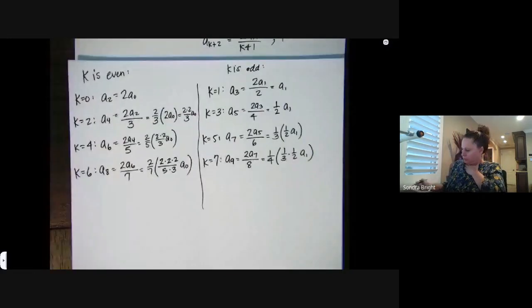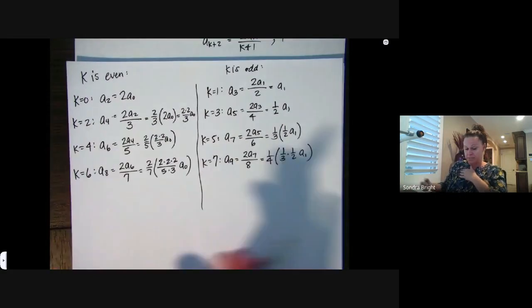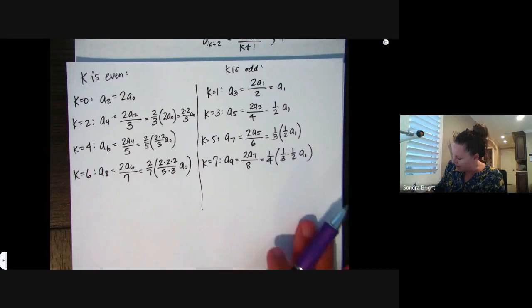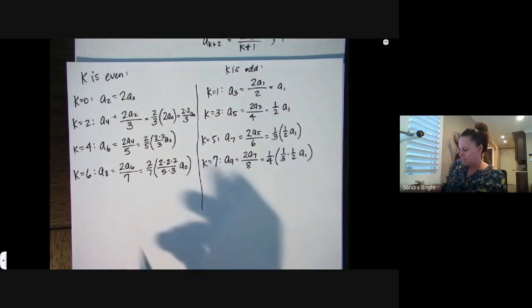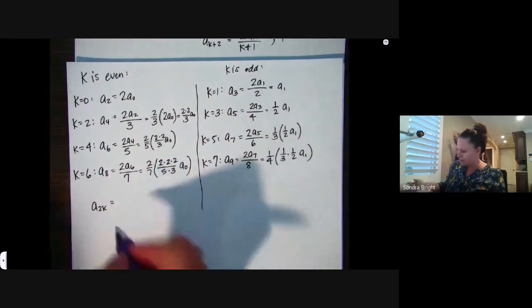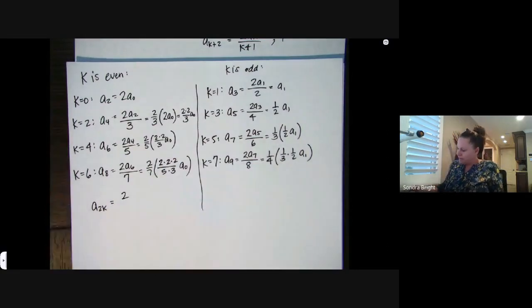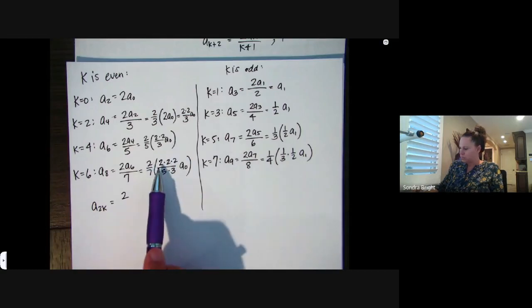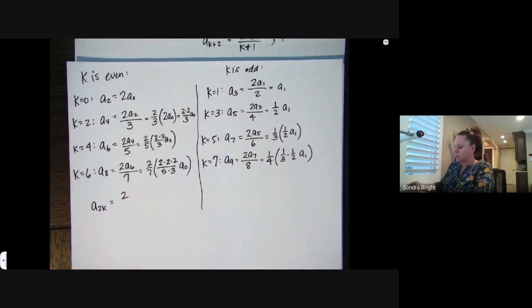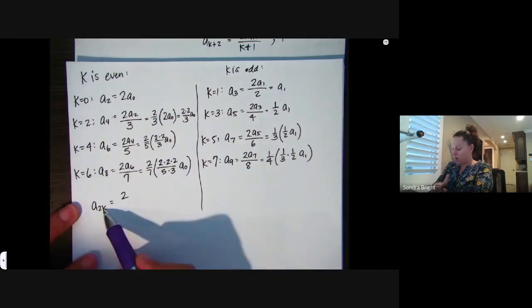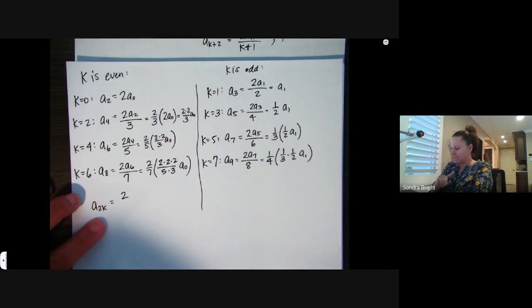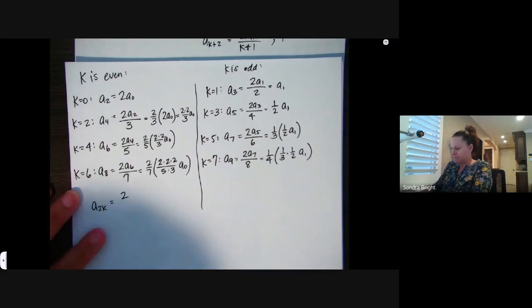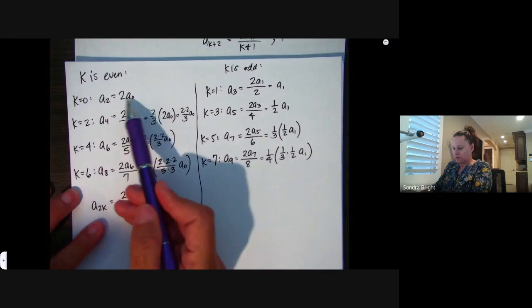It's not horrible. And notice the evens definitely have a different pattern than the odds. So here, your pattern for the evens is a 2 to the what? Well, this is when it doesn't match up, right? So when it's even, now your K is 1. And so when your K is a 1, then you've got 2 to the power of 1.